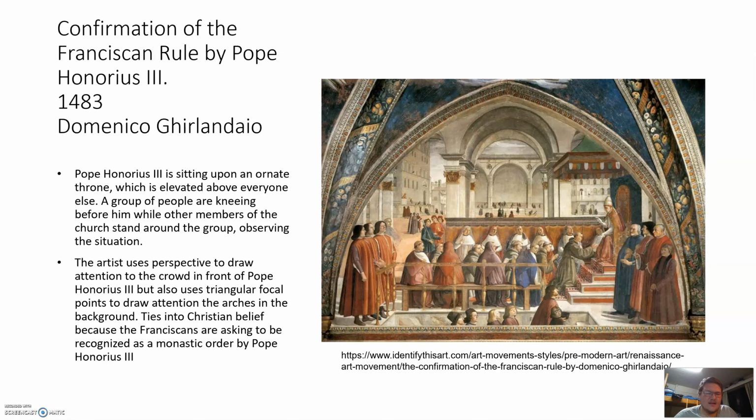It gives the image depth and more character. It makes it more eye-pleasing, giving it a more natural setting. It gives it more of a perspective look, kind of like we're looking in on this. We're standing to the side, and we're able to view everything that's going on within this image.